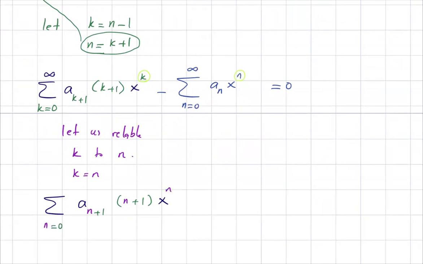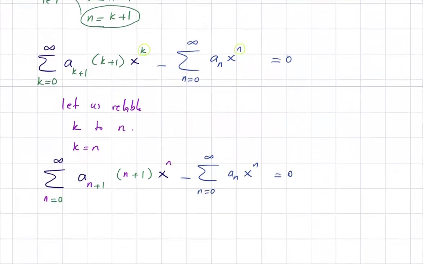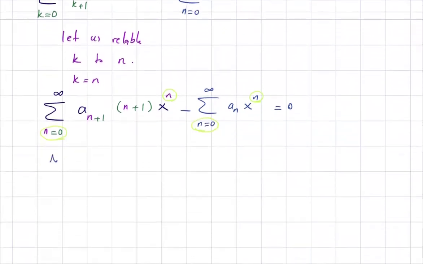Very well. What about the second series? The second series is minus the summation of a_n x to the n, from 0 to infinity. On the right hand side you have 0. But note that since you have the same exponent and the same starting index, you can combine these together. So now we can combine these series.